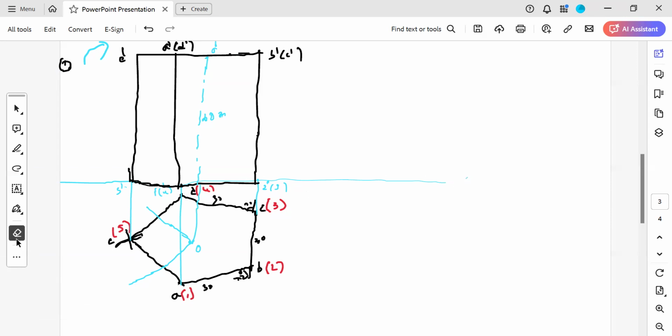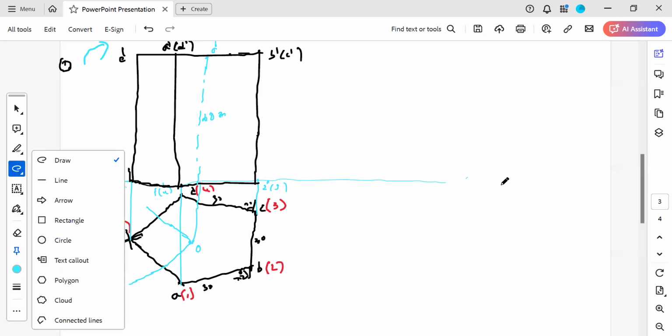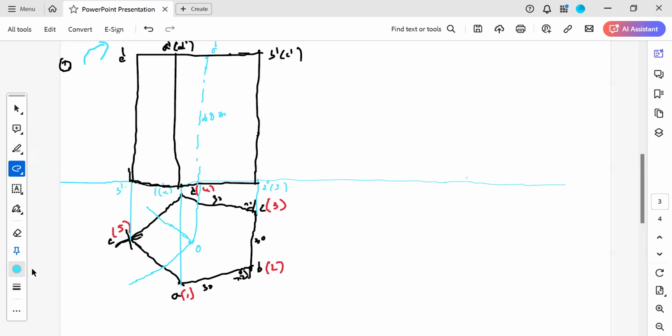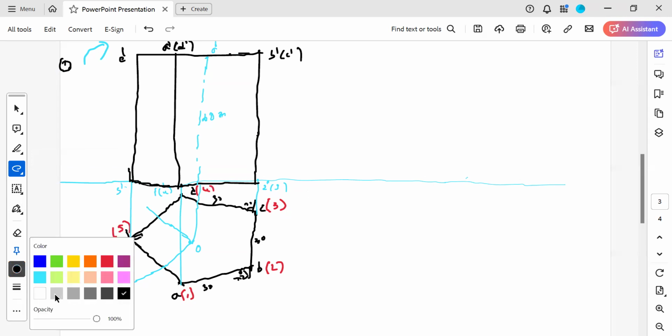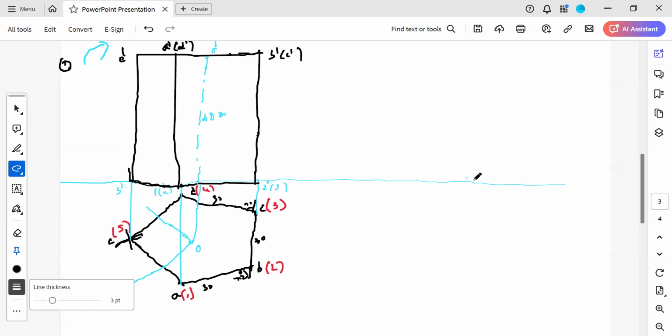Let us extend this line because space is not sufficient. Now redraw the same diagram. You tilt this one so that this space is there now. 2 dash 3 dash BC will be there now, making an angle of 60.